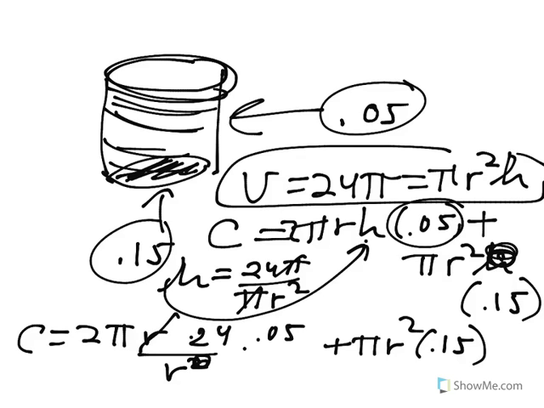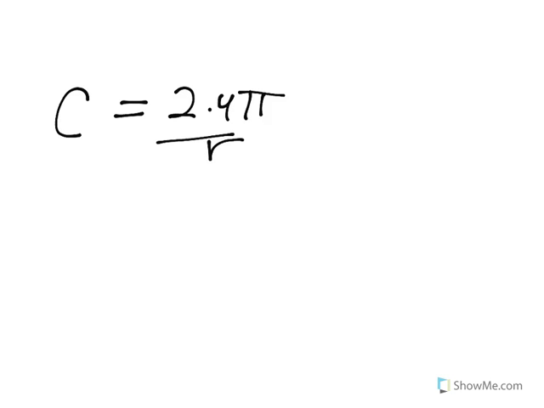And if I simplify this equation, I'll write it on another page, 24 times 2 is 48, and then 48 times 0.05 is 2.4. So we get this equation. Cost is 2.4 pi over r plus 0.15 pi r squared.